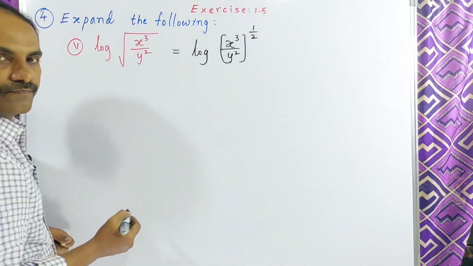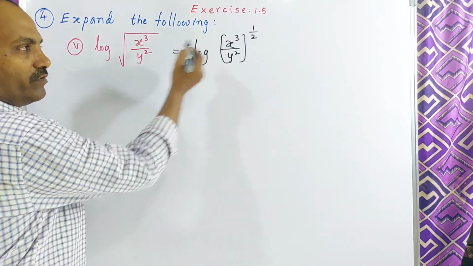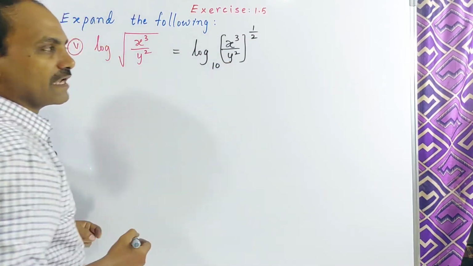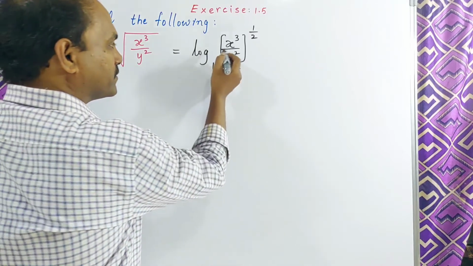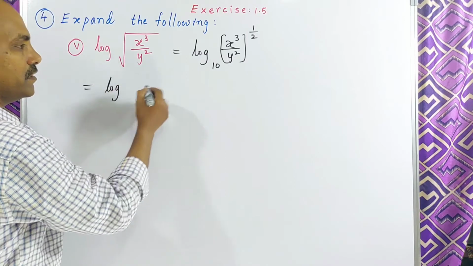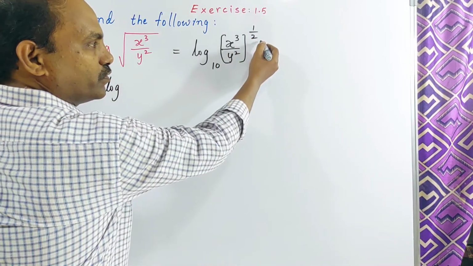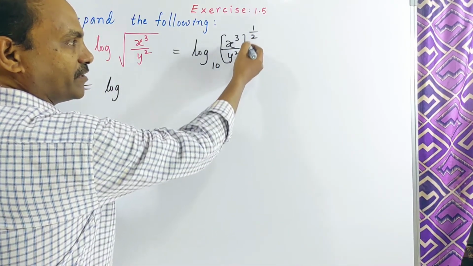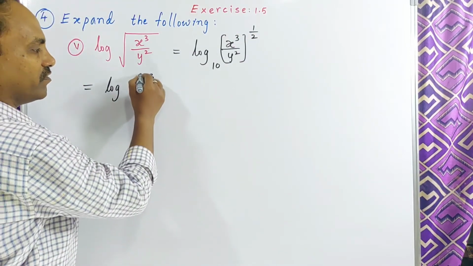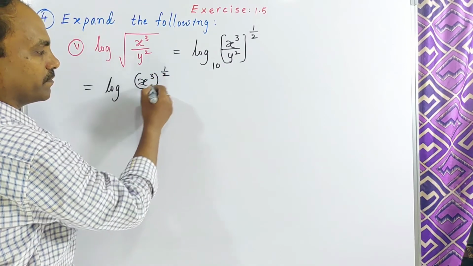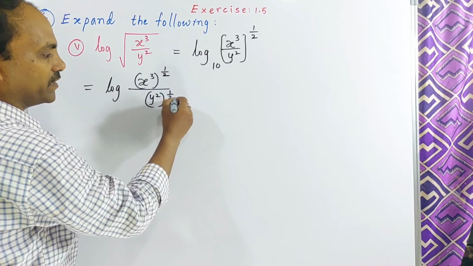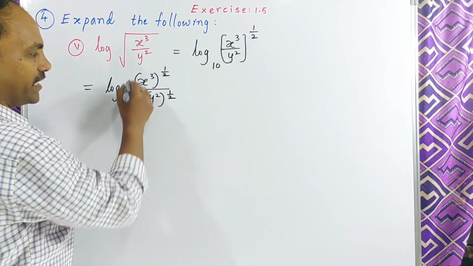This square root means exponent 1 by 2, and we should take this for both numerator and denominator. Now expand this: log of x power 3 whole power 1 by 2 by y square whole power 1 by 2 to the base 10.